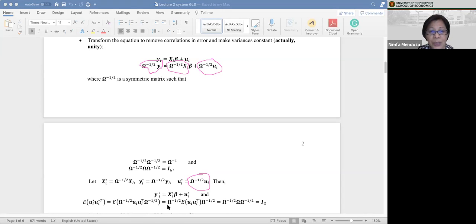We assume that we know omega, so we can move the expectation operator over u sub i u sub i transpose and have omega to the minus 1/2 outside the expectation operator. But what is the expected value of u sub i u sub i transpose?